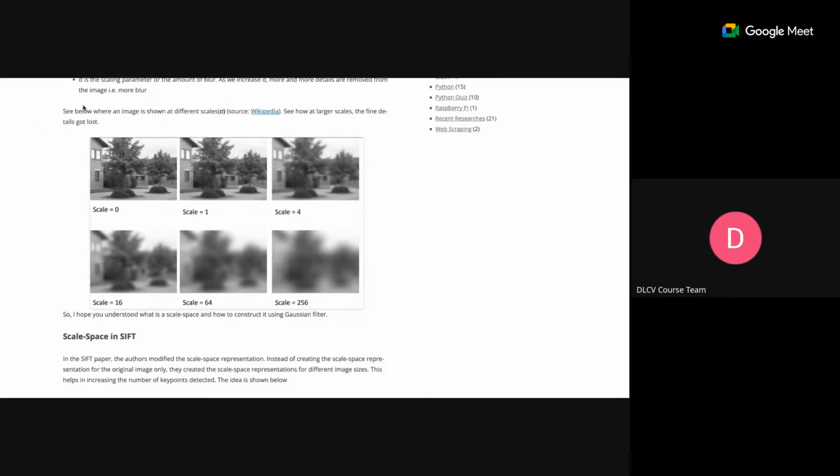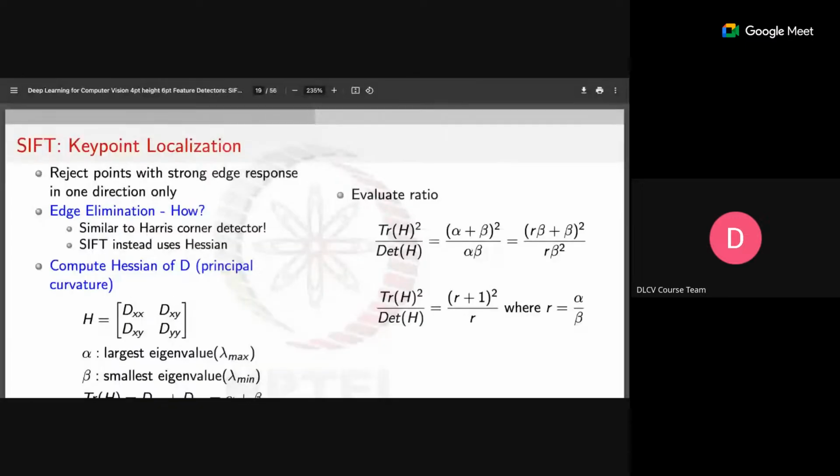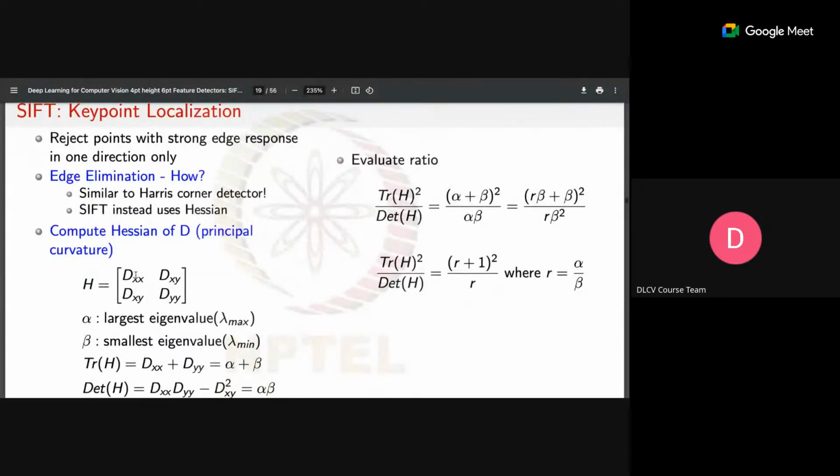So instead of doing that, we are calculating this ratio. Here you have alpha plus beta divided by alpha beta.